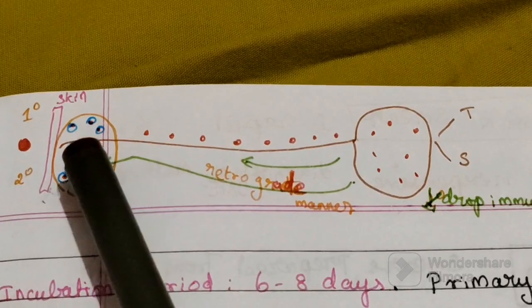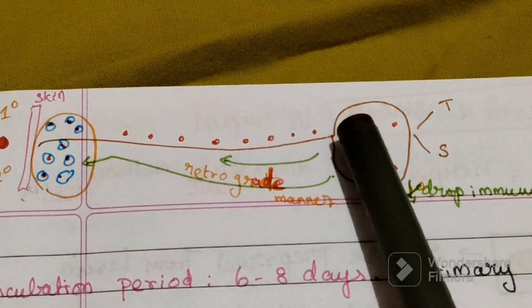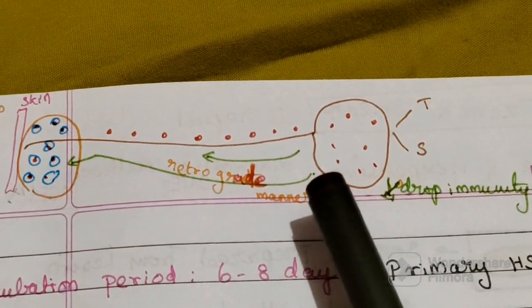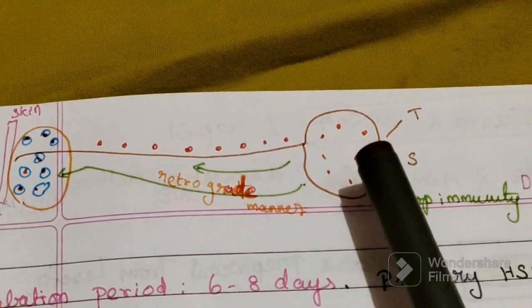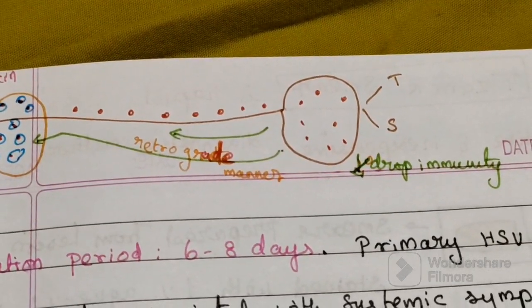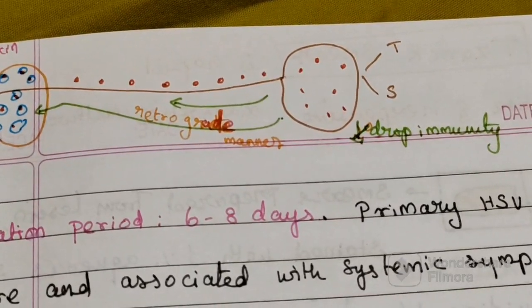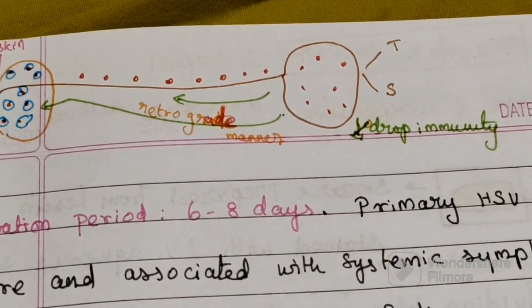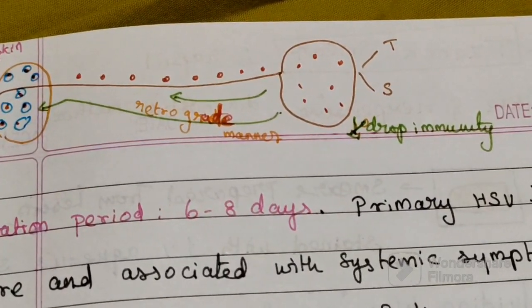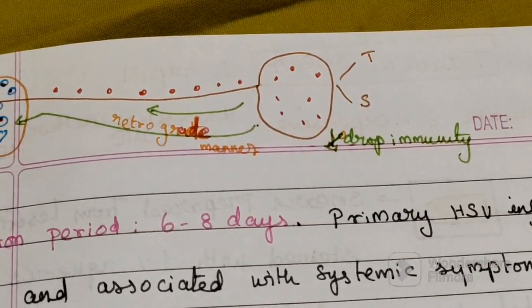After multiplication, the virus travels to the nerve root and reaches the ganglion. HSV1 means trigeminal ganglion, HSV2 means sacral ganglion. For many years the virus stays here only in a dormant form. Dormant means inactive form.